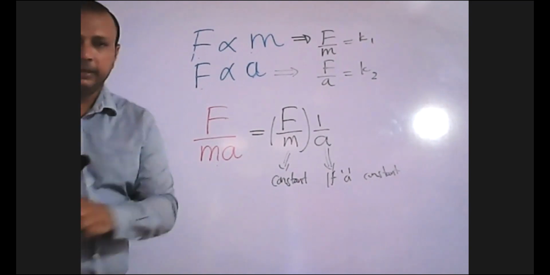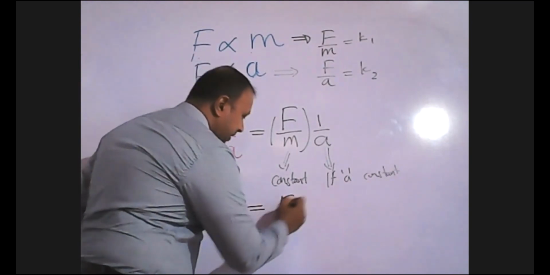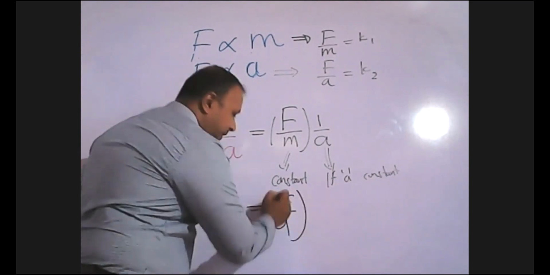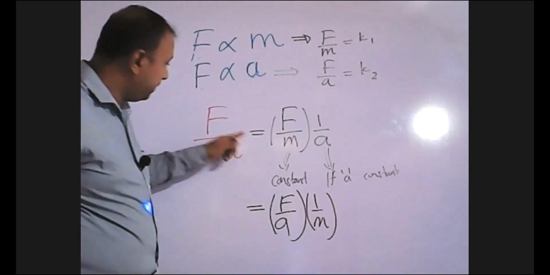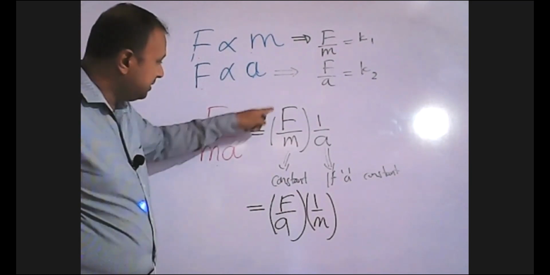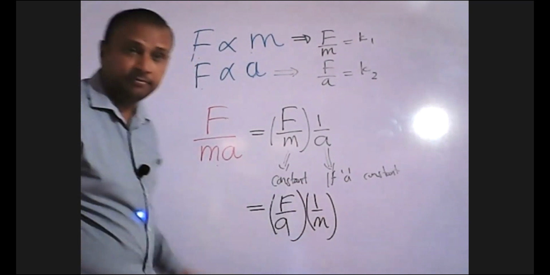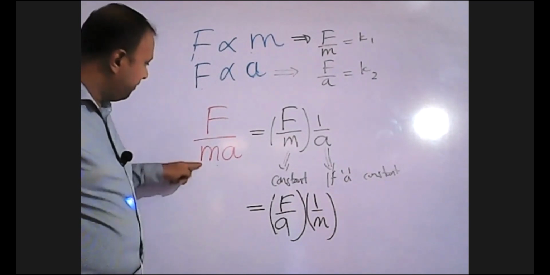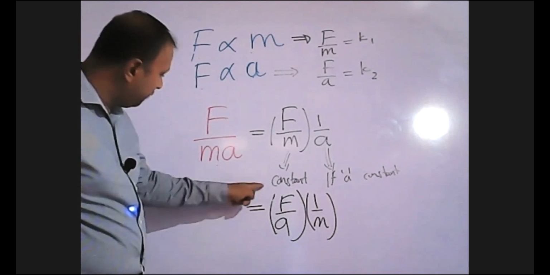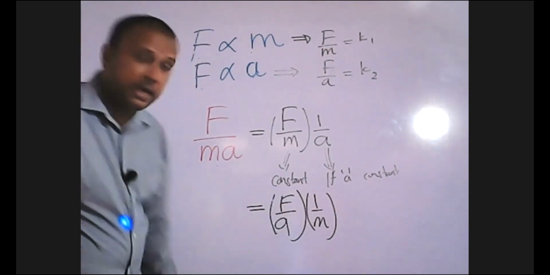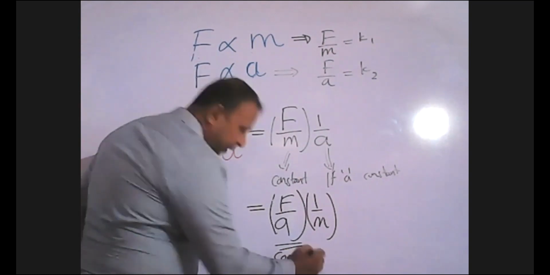Suppose now I consider F over A and 1 over M. For the first case, I considered F over M and 1 over A. Now I consider F over A and 1 over M. These are all the same: I can write F over MA as F over M into 1 over A, and also as F over A into 1 over M. Now look, I know this is a constant.